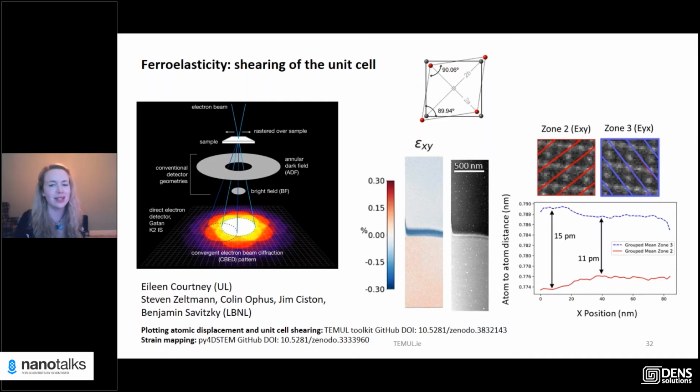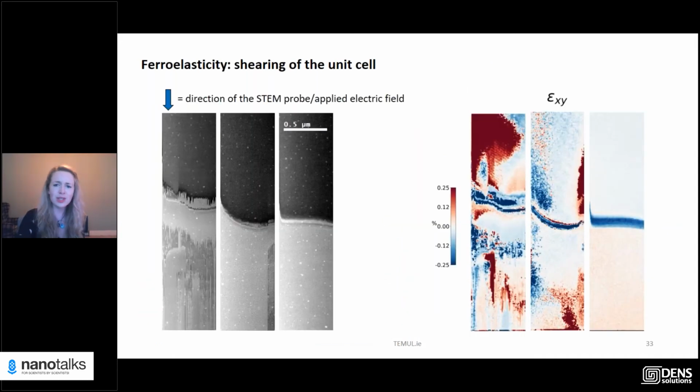Now we can start really using this. This is one example. So we want to go looking at the dynamics. So in this case, again, using the STEM probe as the applied bias, we're able to show that at the start, when you don't have your domain wall stable, because you brought the STEM probe in at kind of an odd angle, you can really see the shearing, so the EXY is all over the place until it starts stabilizing.